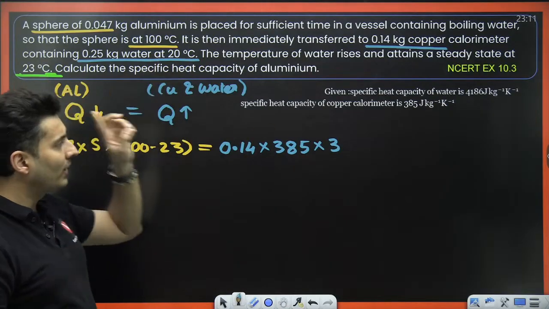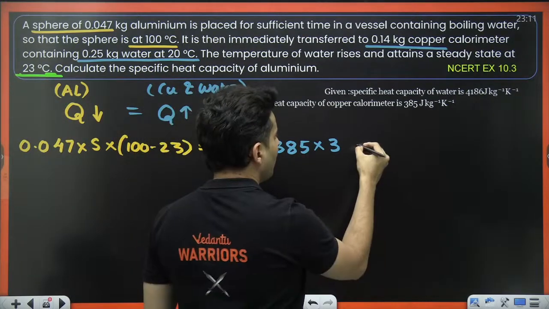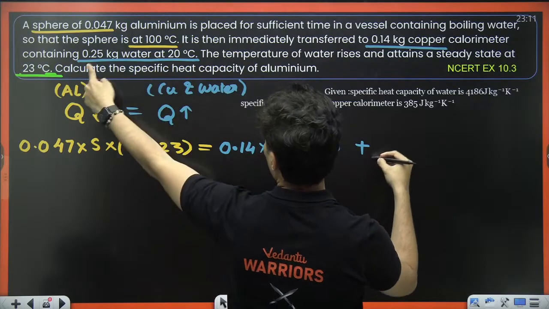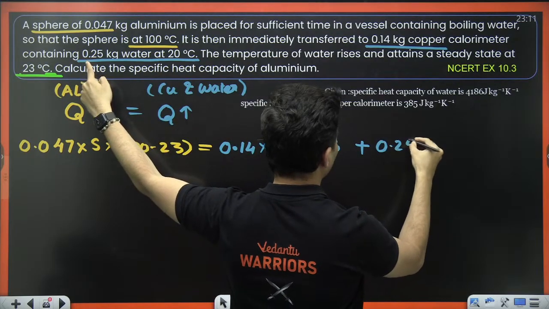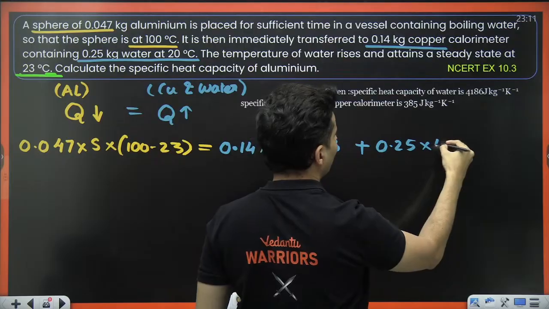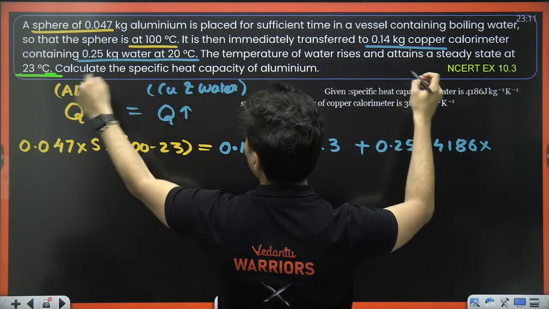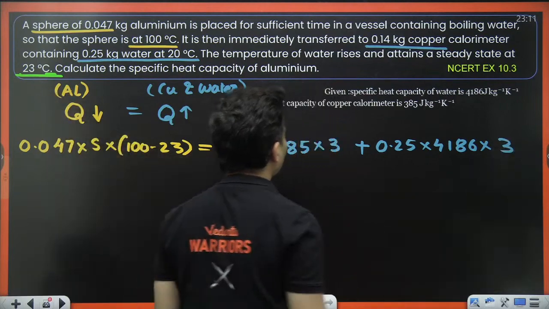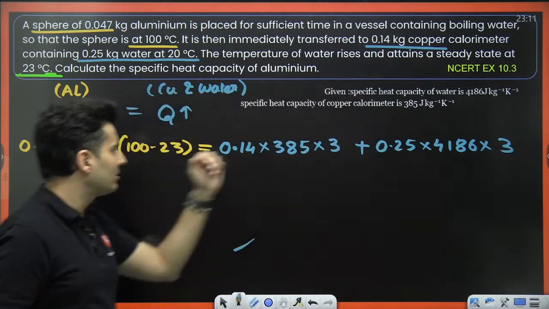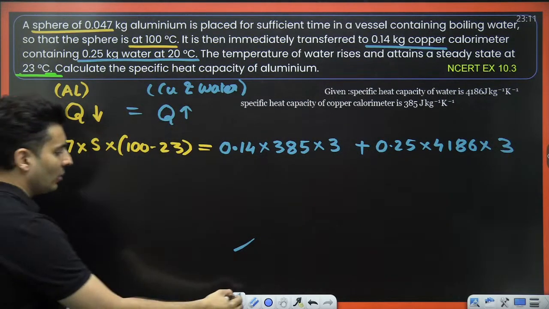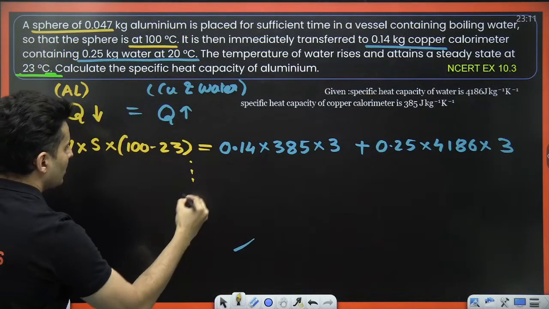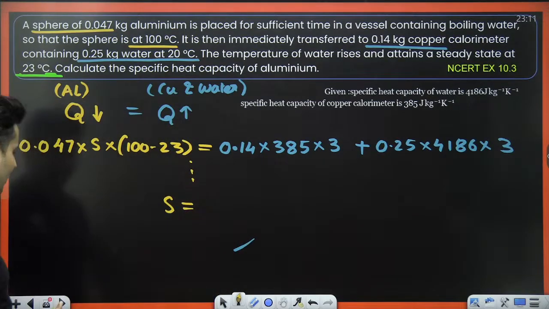From 20 it went to 23. So that's 3 degrees change. Plus the water, which was 0.25 kg, had a specific heat capacity 4186. Temperature went from 20 to 23. That is 3. This is known. Here only S is unknown.